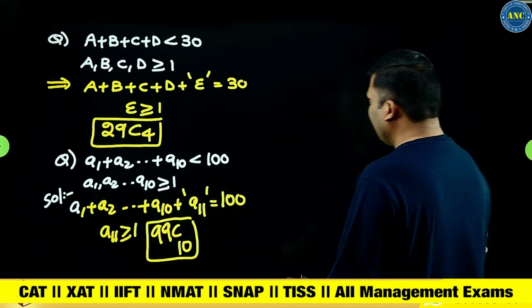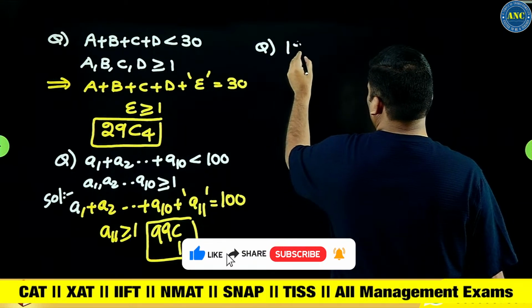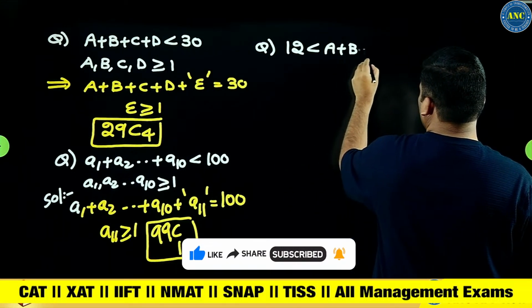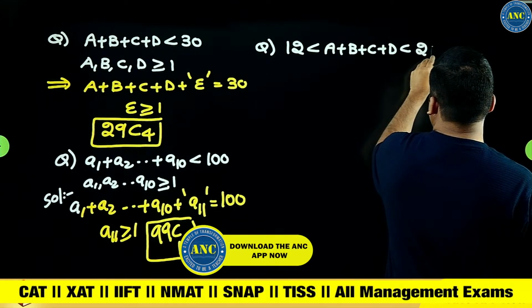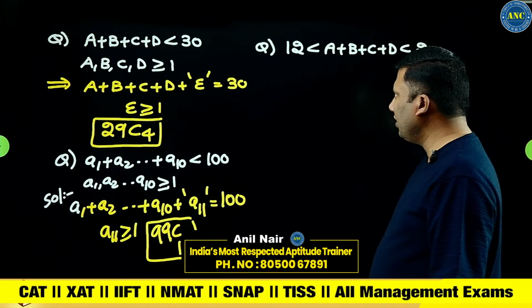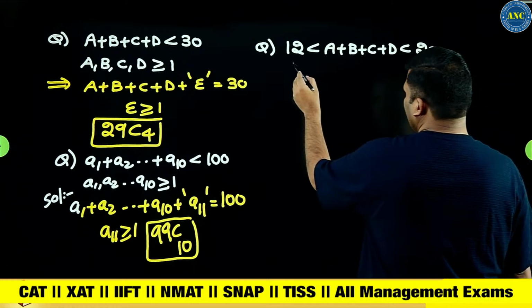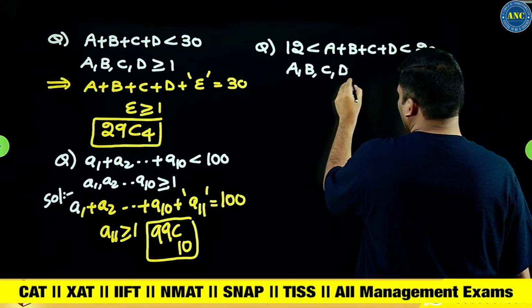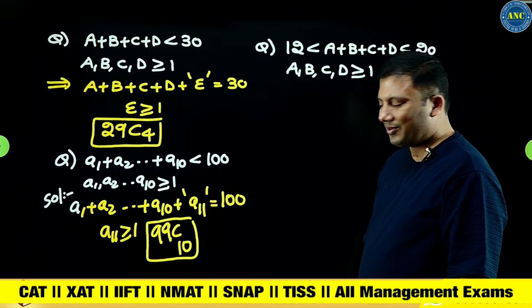Suppose the question is 12 less than A plus B plus C plus D less than 20, where A, B, C, D are greater than or equivalent to 1.